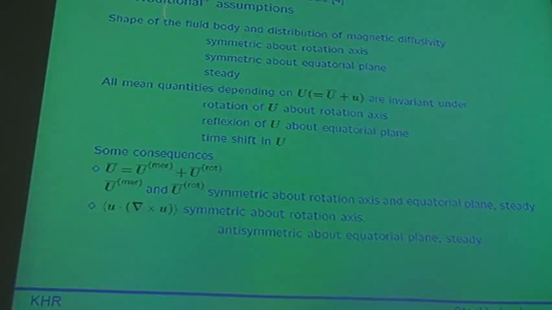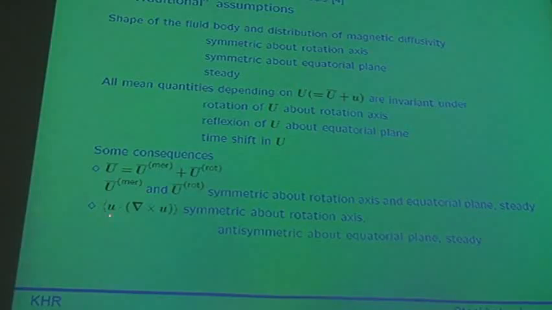There are many consequences from this. One is you can split U in a U bar, a meridional circulation, and a rotation. Both these quantities are symmetric about the rotation axis and the equatorial plane.